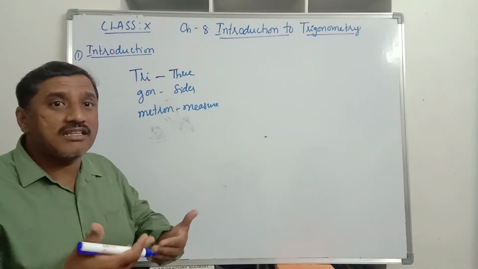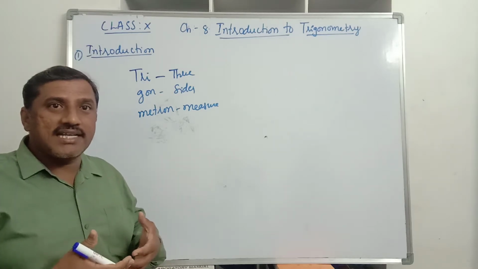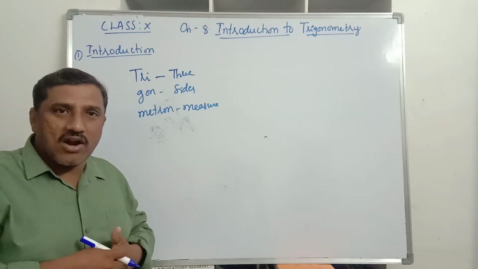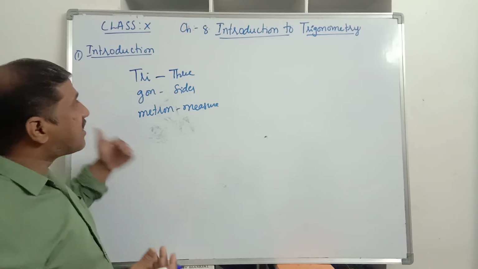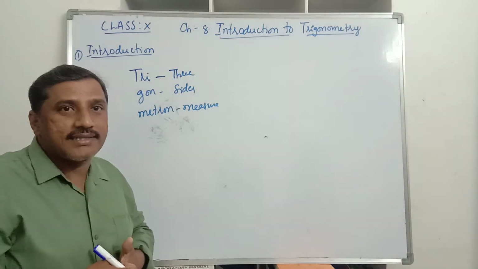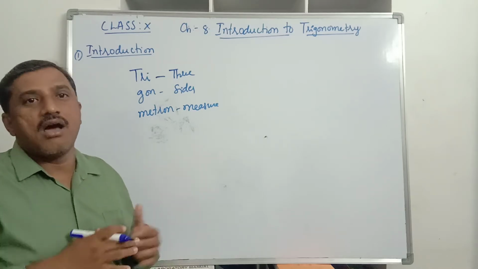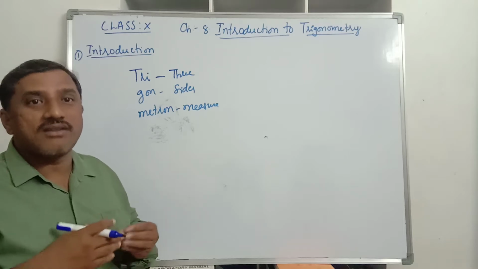What will we study in that three-sided figure? The heights, distances, the sides of the triangle, or a right angle triangle especially. So trigonometry is the branch of mathematics which deals with the relationship between sides and angles of triangles.